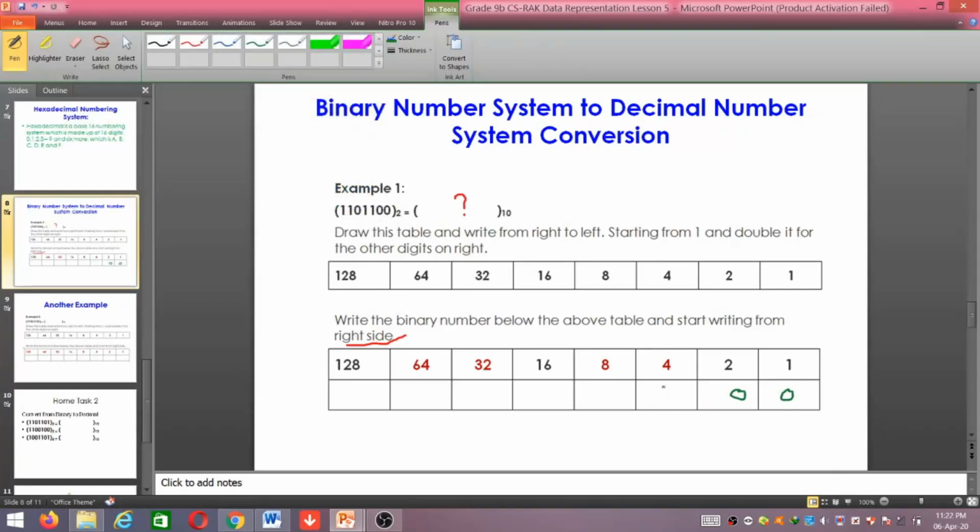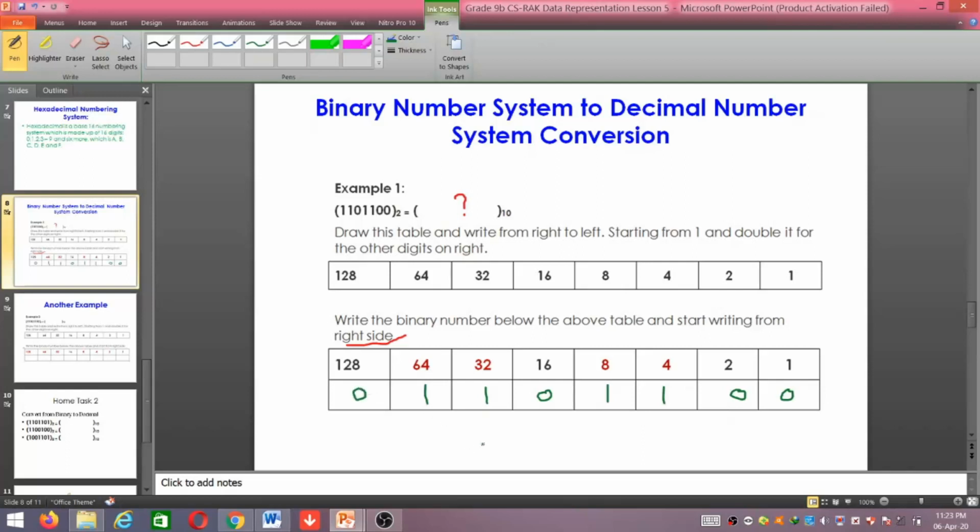Then we have 1 and 1, and you have another 0, and after 0 you have 1 and 1. We do not have anything here, so we leave it like this, or you can write a 0 here. It doesn't make a difference.